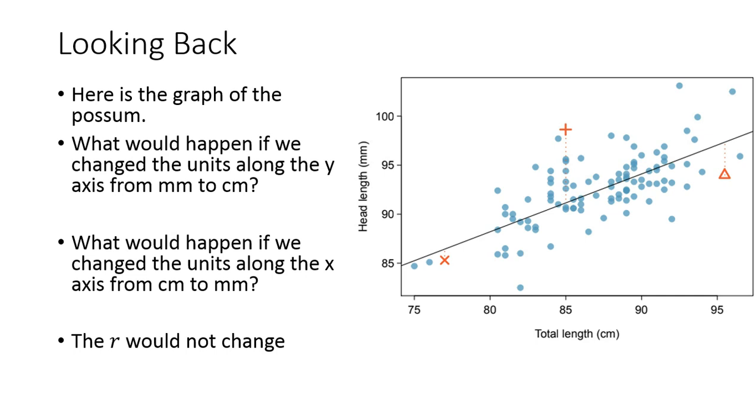Because with millimeters, you just change those numbers to 850, 900, 950, or on the bottom, the centimeters, you just add zeros to the end of each one, and you have the exact same graph. So it's not going to change anything. The R is still the same, even if you change the units on them.